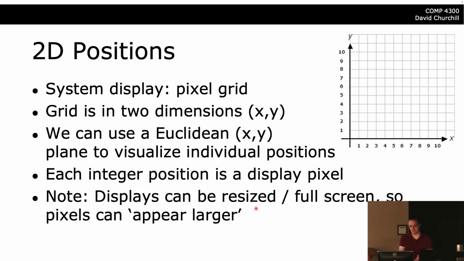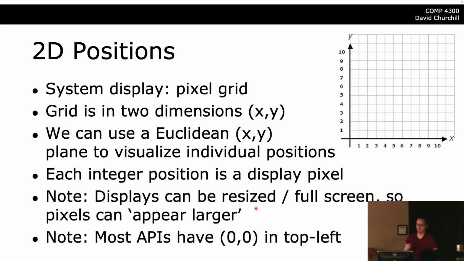In that case, you would have sort of stretched pixels, right? They're not actually stretched pixels. The monitor does all that for you. But 1 pixel that you have drawn to the screen may look larger than 1 pixel in that case. Just be aware that that can happen.